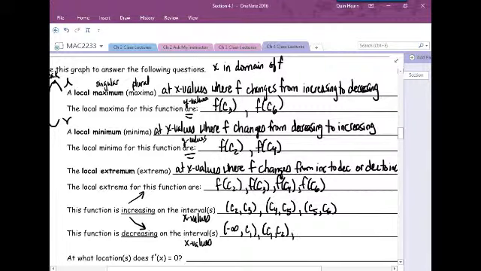But again, I'll be flexible on that on the test. And then from C3 to C4, and from C6 to C7, and from C7 to infinity.